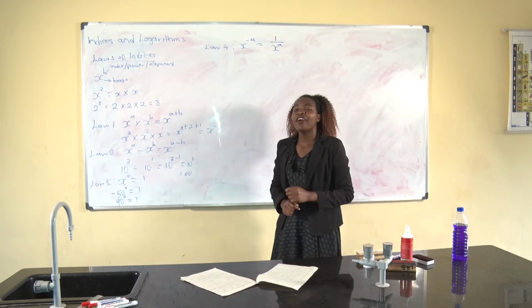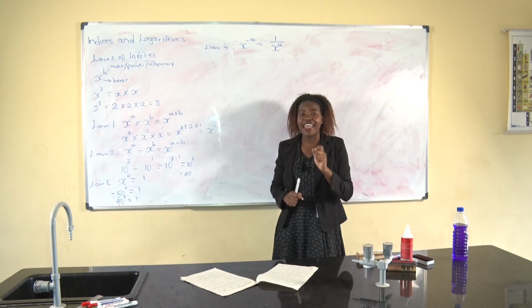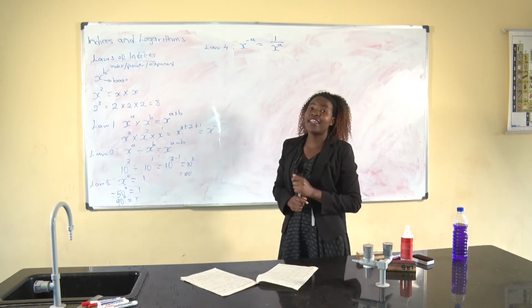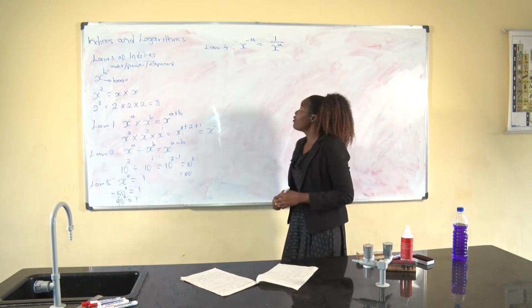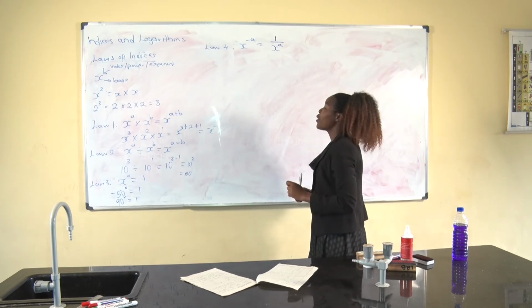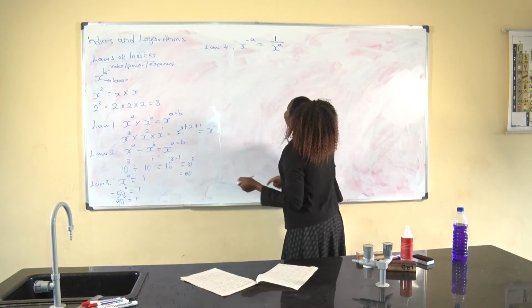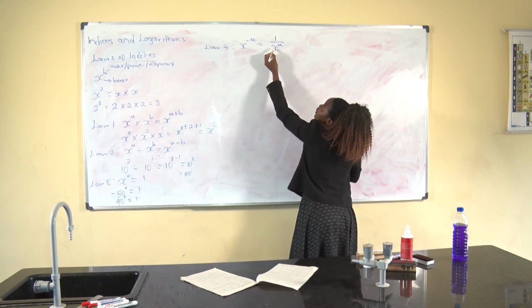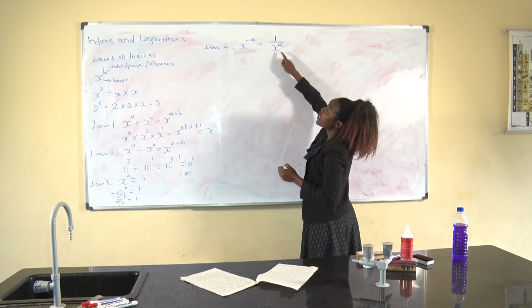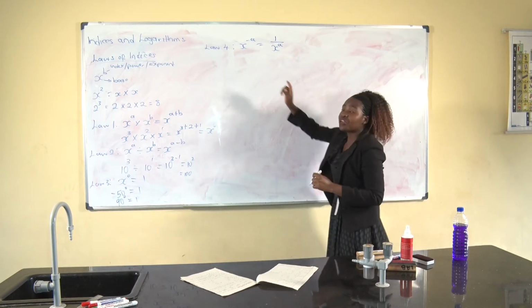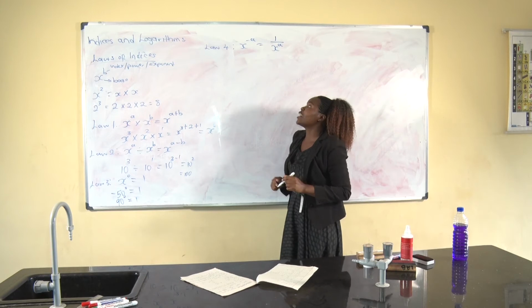Law number 4 states that whenever a number is being raised to a negative power, you have to introduce a fraction whereby 1 is the numerator. The process of introducing a fraction here is to remove the negative sign.